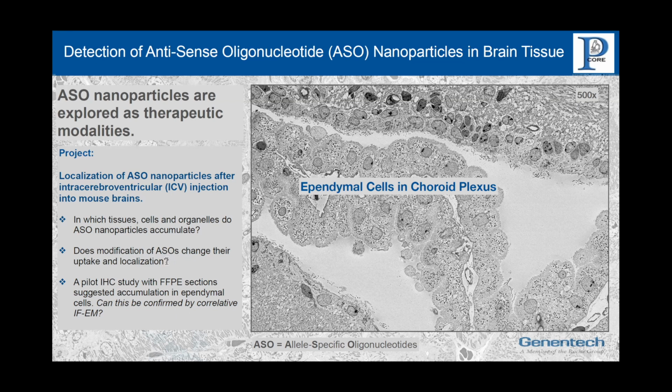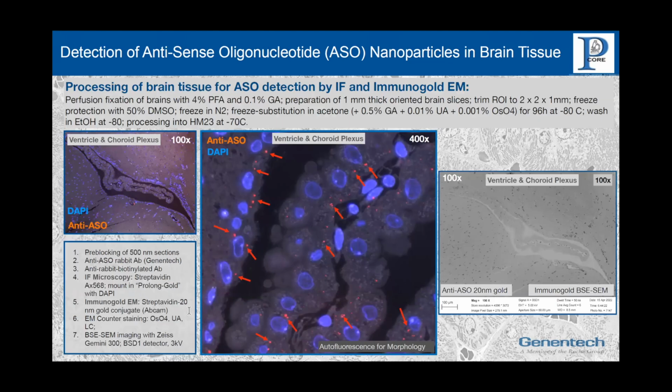Now in this particular project, we had a pilot study with our immunohistochemistry lab, and some of their results suggested that we may have an accumulation in ependymal cells of the choroid plexus. Therefore, we focused on this brain region. We got these brains that were treated with these nanoparticles.